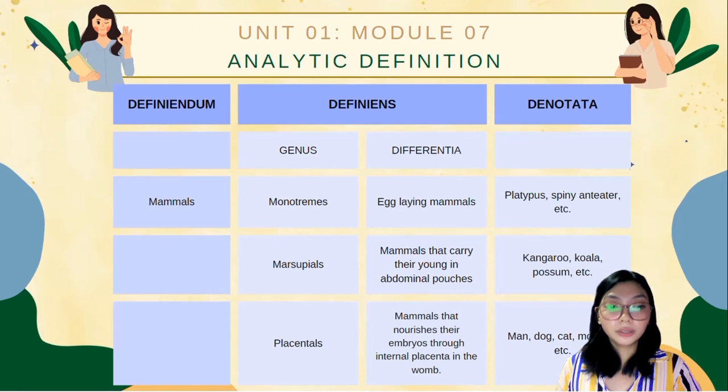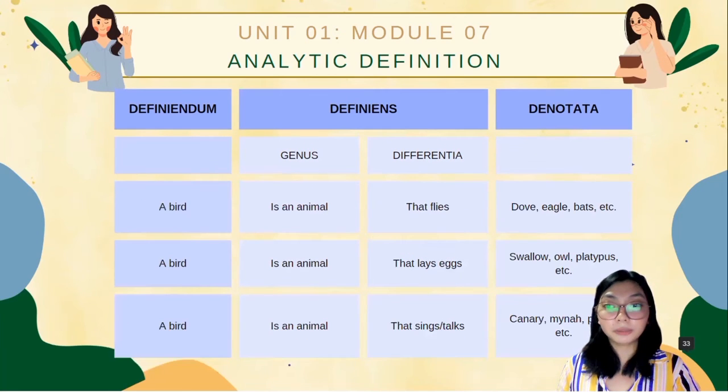And so, now that we have fully understood the difference between categories of the analytic definition, we must also keep in mind that the complexity of this concept makes it inevitable for us to encounter some errors in composing a definition.